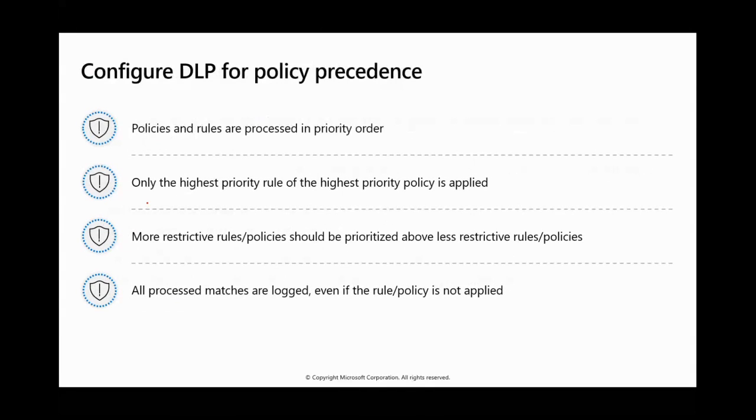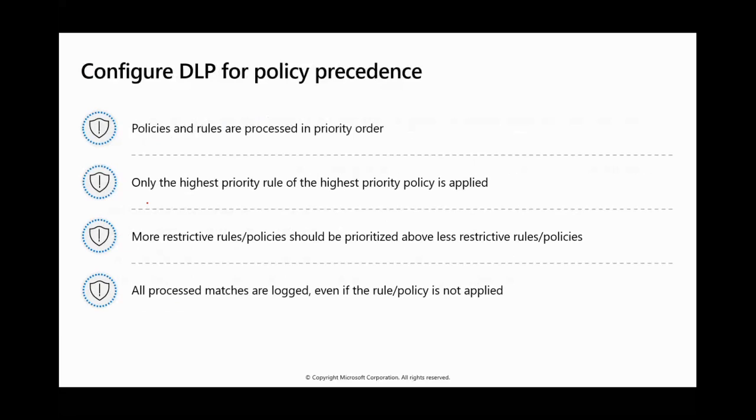Once we discover where to see the information and what role my user requires to be able to access this data, it's time to configure DLP policy precedence. It's important to say that once we set policies, we need to assign a specific priority order, and they are going to be executed accordingly.